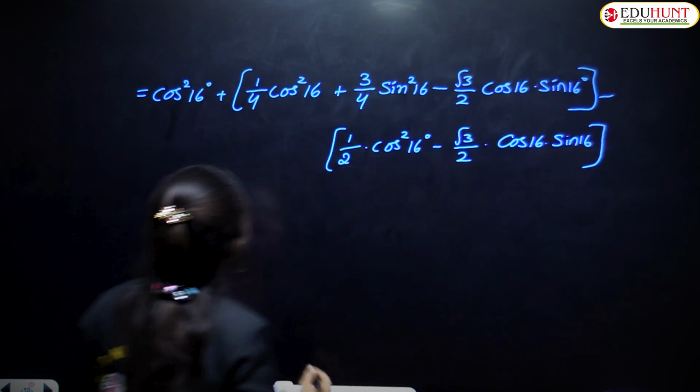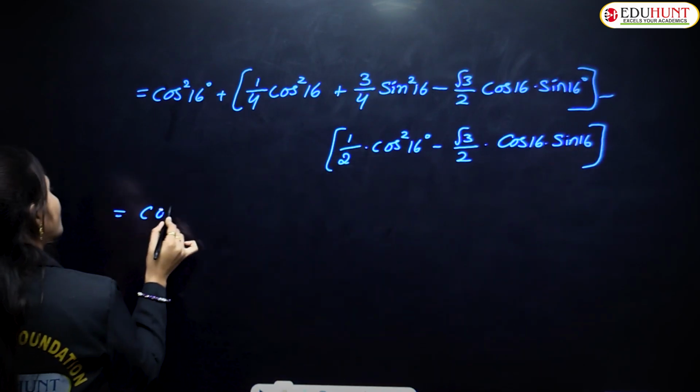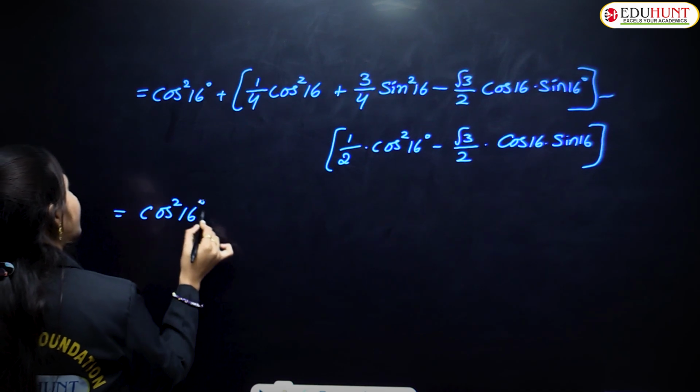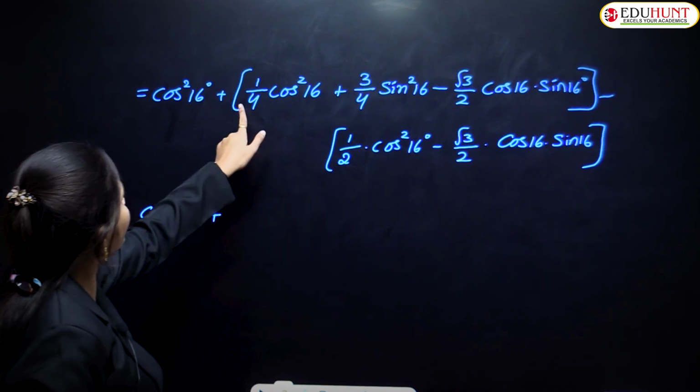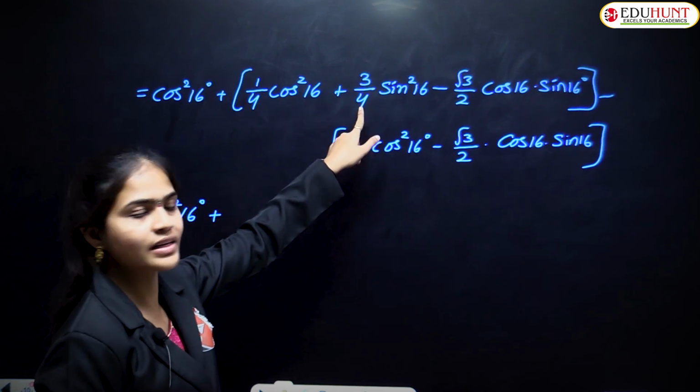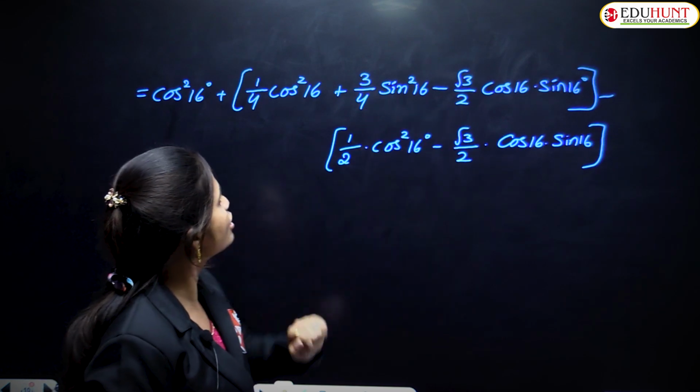Okay. Now simplify it. So which is equal to cos square 16 degrees plus, and here by 4 is there and here also by 4 is there, no? So make this one also by 4.